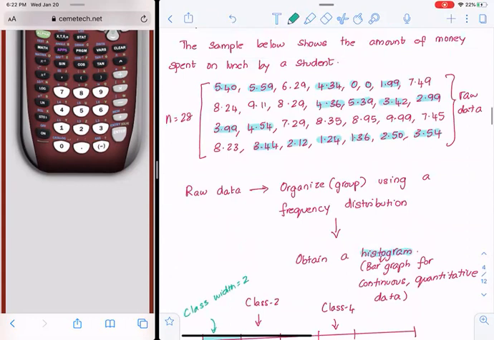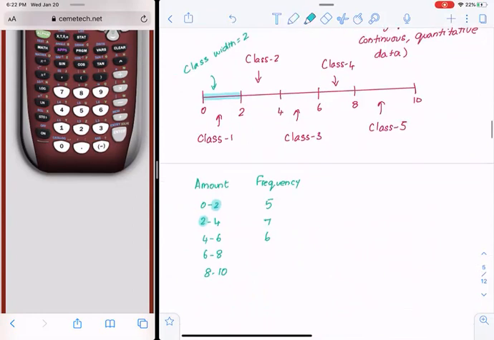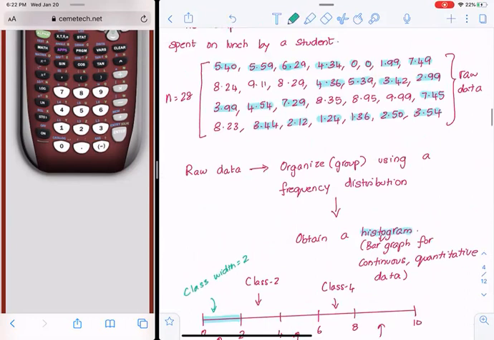Between 6 and 8, we have 1, 2, 3, 4, and that is all. Between 8 and 10, we have 1, 2, 3, 4, 5, 6, 7.